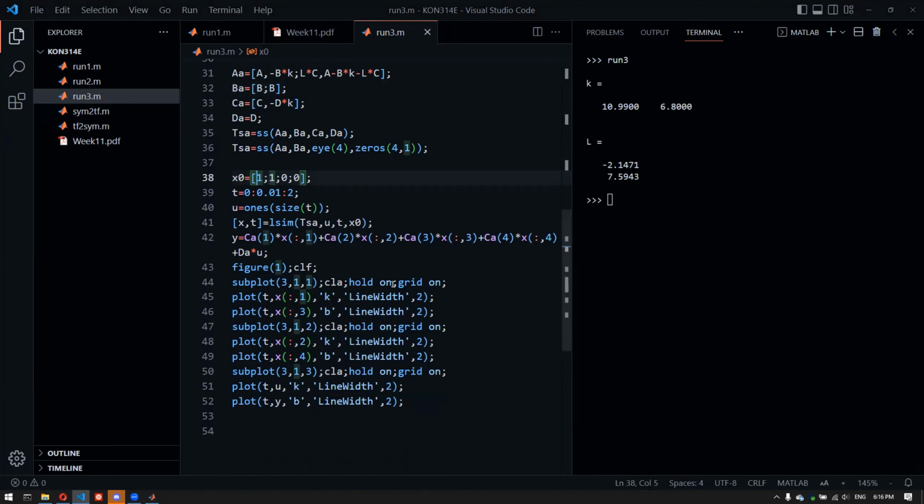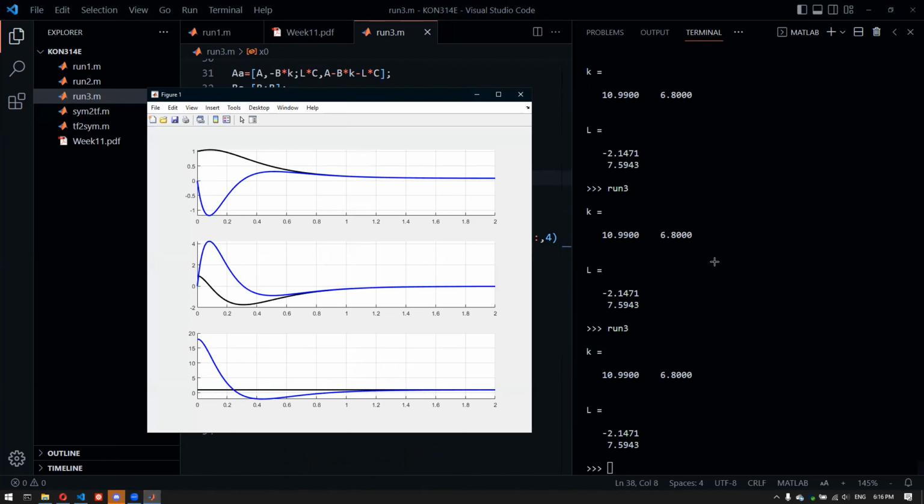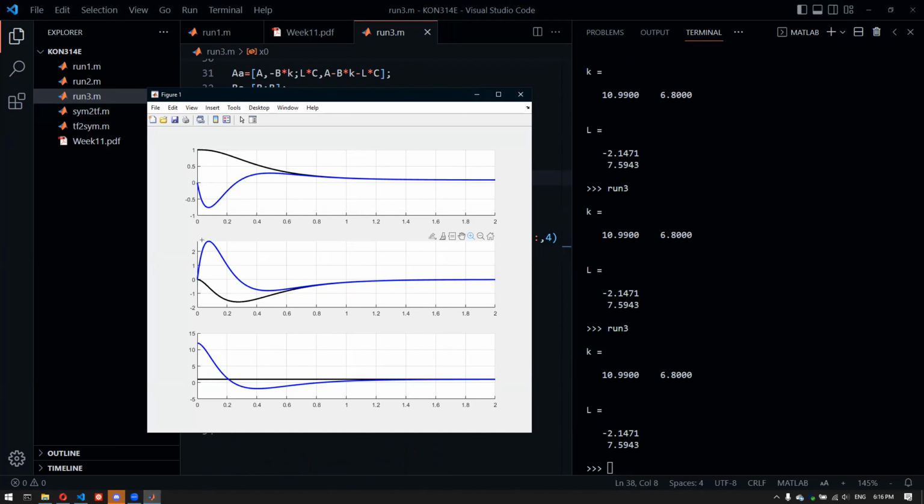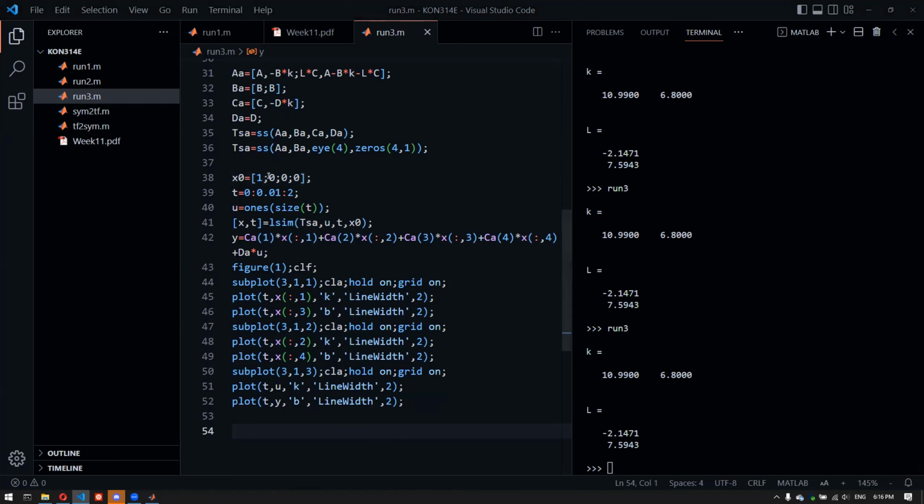Let's see what happens if we don't have an initial state for the second state, for example. If it's starting from 0, you can see it still takes some estimation here. What happens if it's exactly equal to 0?